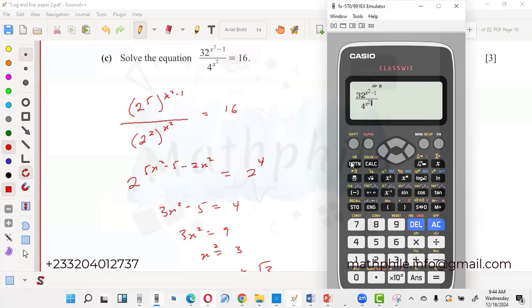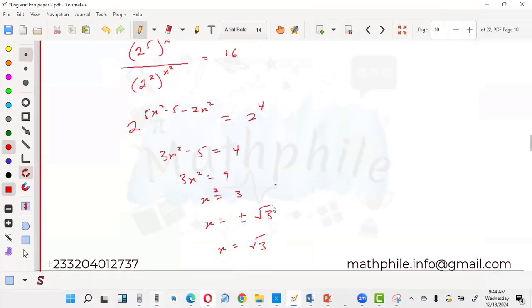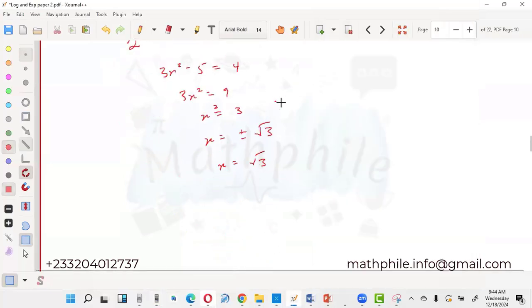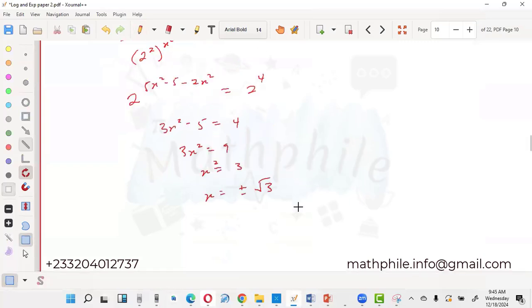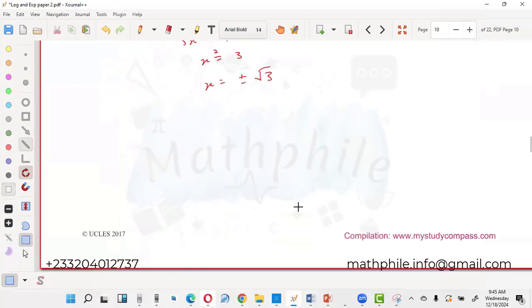Calc x equal to square root of 3. That's approximately 2 square root of 3. Was it 16? So both answers are accepted. X equal to positive and negative square root of 3.